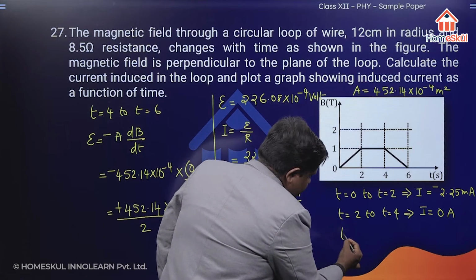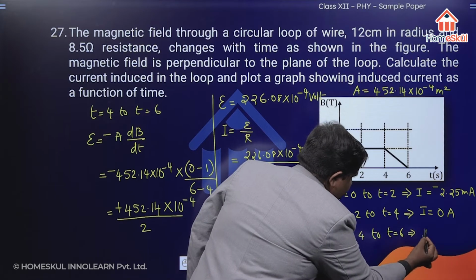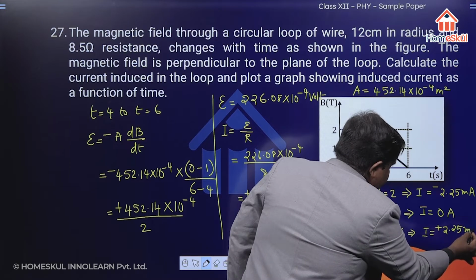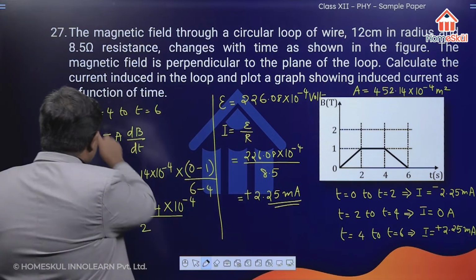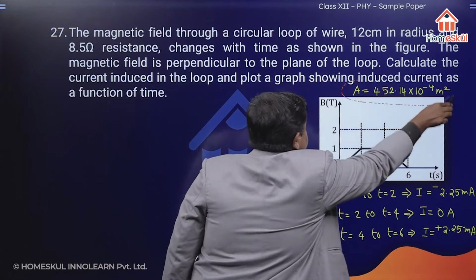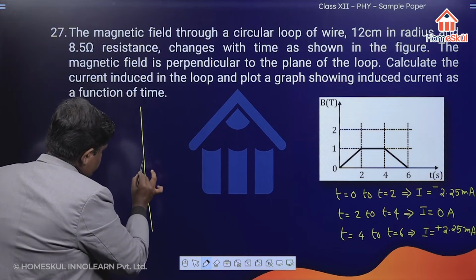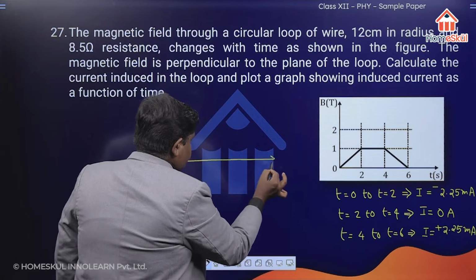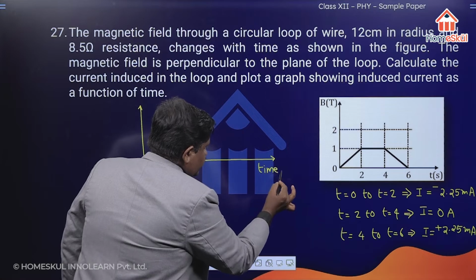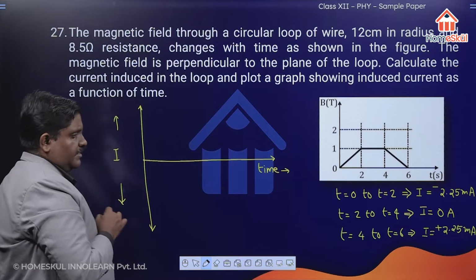So in the time interval t equal to 4 to t equal to 6, the current I equals plus 2.25 milliampere. Now we are going to draw the graph between the time interval and the current. We take time along the x-axis and current along the y-axis.